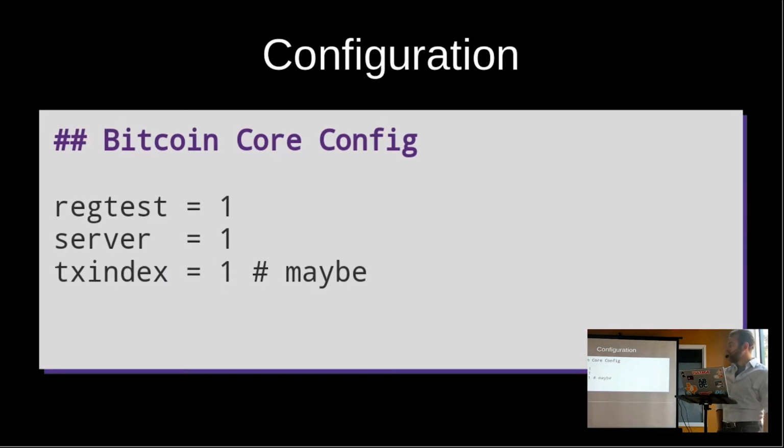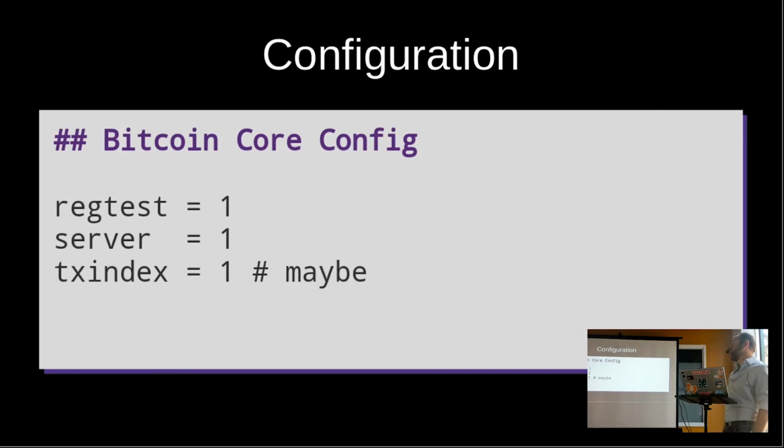We also need server equals 1. That will allow us to send RPC calls. RPC stands for Remote Procedure Call. It's essentially commands that you can send to Bitcoin Core to make it do stuff. But in order for Bitcoin Core to listen for those commands, you have to have server equals 1.